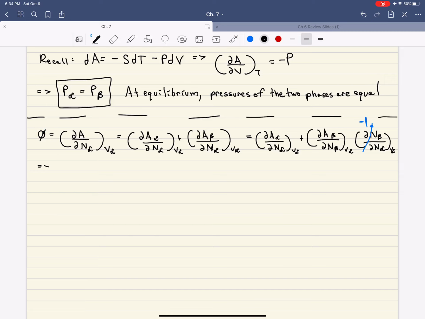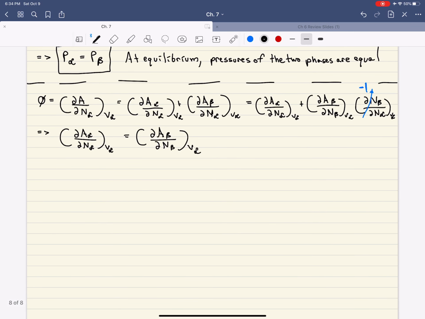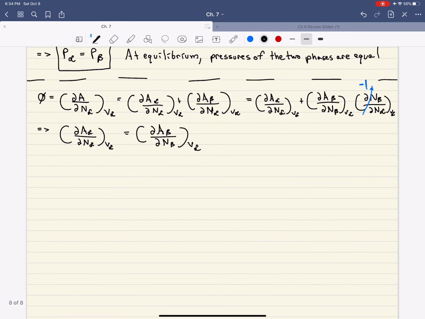And so that tells us dA alpha over dN alpha at constant V alpha is equal to dA beta over dN beta at constant volume. Okay? All right, and so we have this relationship between the two partial derivatives of the alpha and the beta phases.